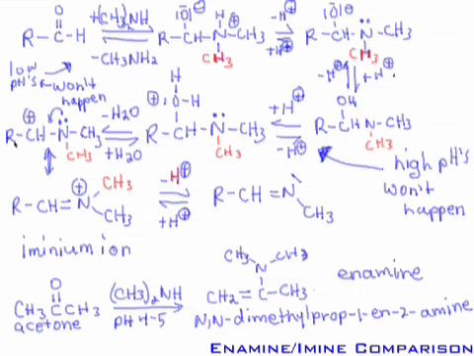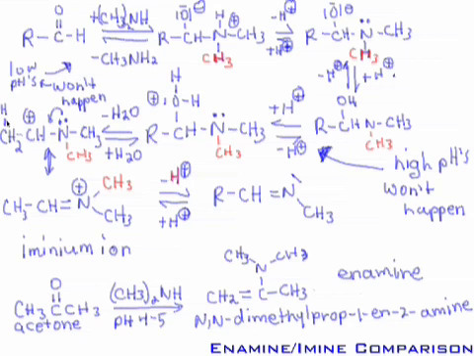Well, what would happen is if this guy were CH3, you'd still lose the H plus, but you'd pull it off of the CH3. So this guy would lose his H, make it a CH2.